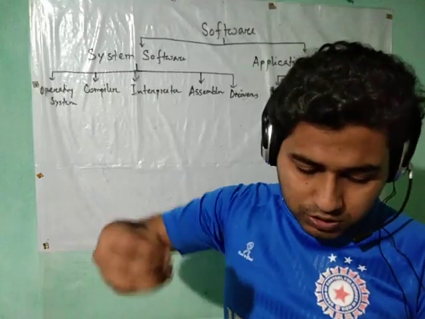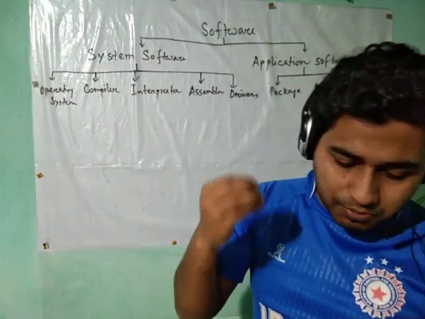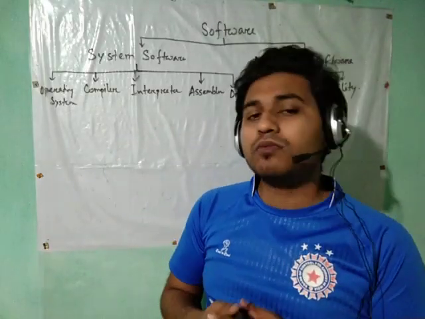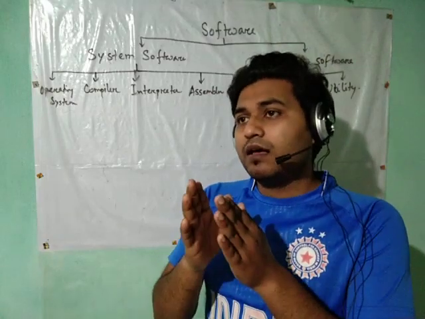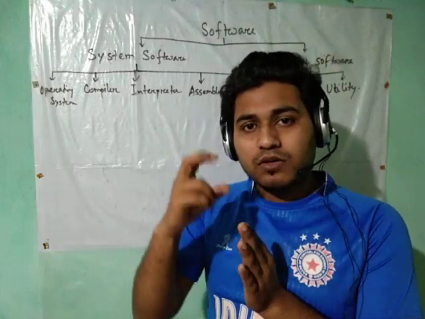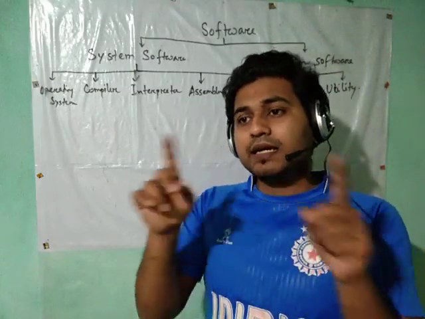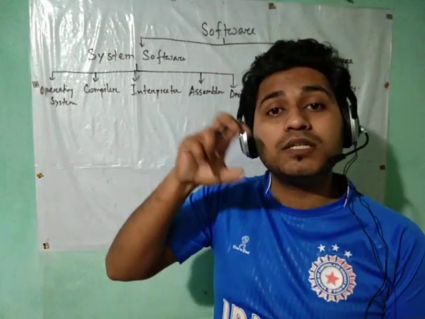It controls the flow of signals from the central processing unit to various parts of the computer. See, for a human, which is the most important part, the masterpiece? The brain, definitely. Similarly, where is the brain of the computer? The CPU.